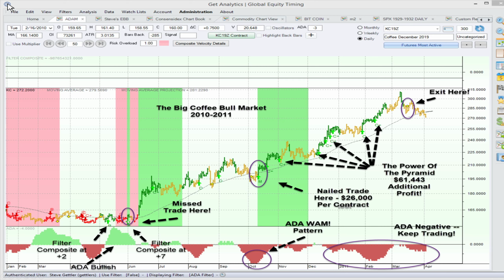But what we liked about this was coming out of a base area, rallying, declining, and giving a buy signal from a much higher level than any other buy signals that had occurred previously. And we just kept getting buy signals at higher and higher levels, and that is exactly what we want to see for a perfect trade and a perfect pyramid opportunity.